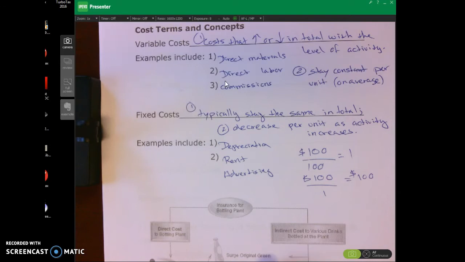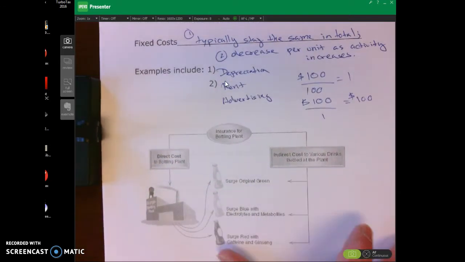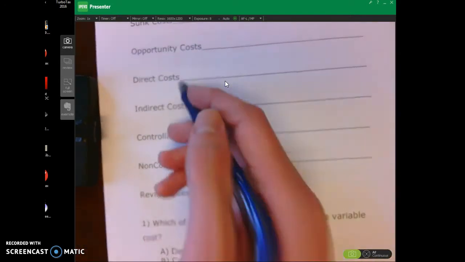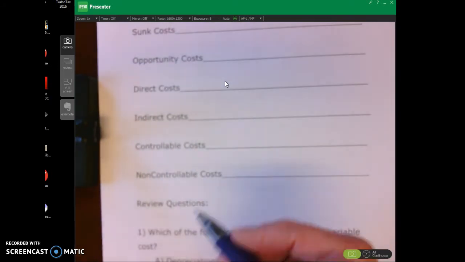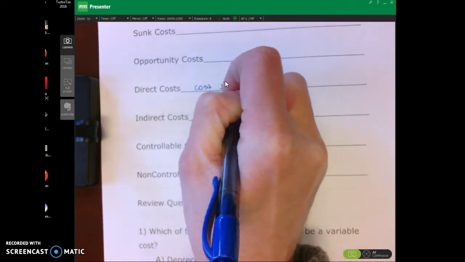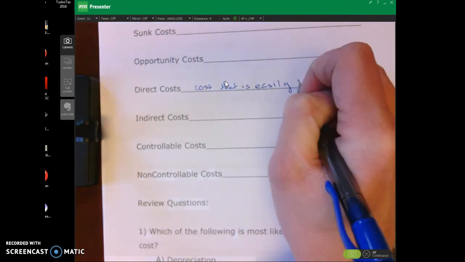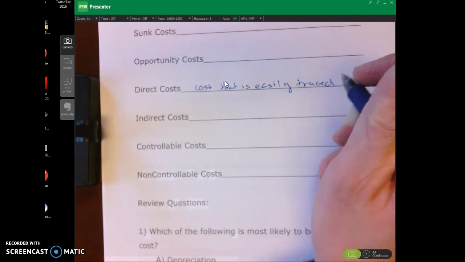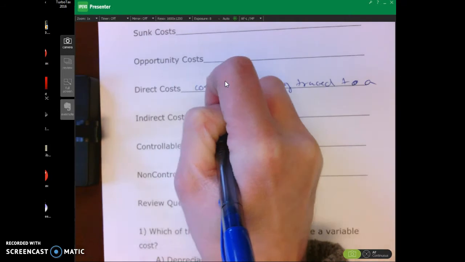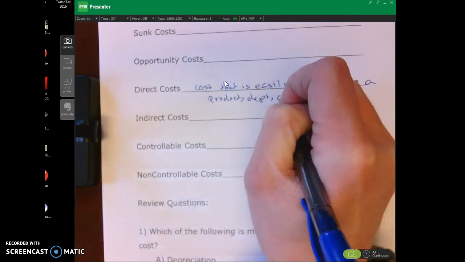And then the same logic applies to direct versus indirect cost. So when we talk about a direct cost, I'll go on to the next page over here. We say a direct cost, what we're talking about is a cost that is easily traced to a product, department, or activity.